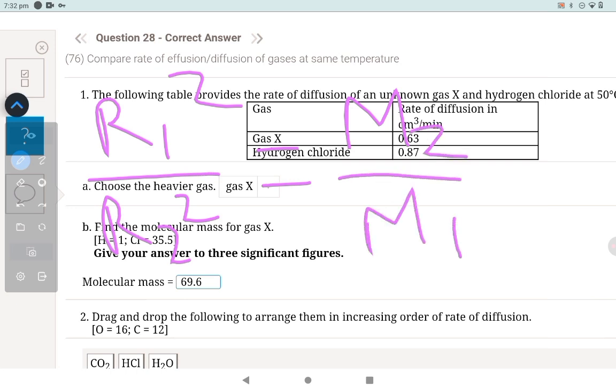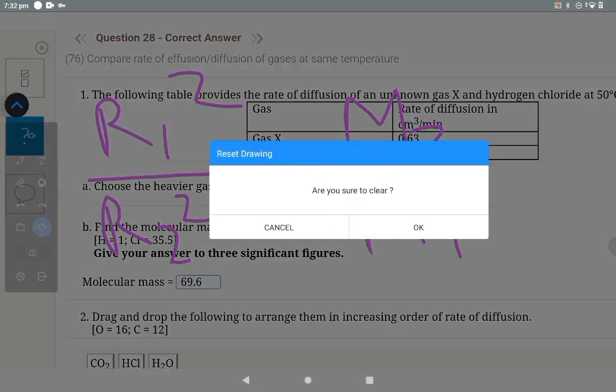So the rate of diffusion of the first one squared over the rate of diffusion of the second one squared is equal to the molar mass of the second one over the molar mass of the first one. So we can substitute the values.